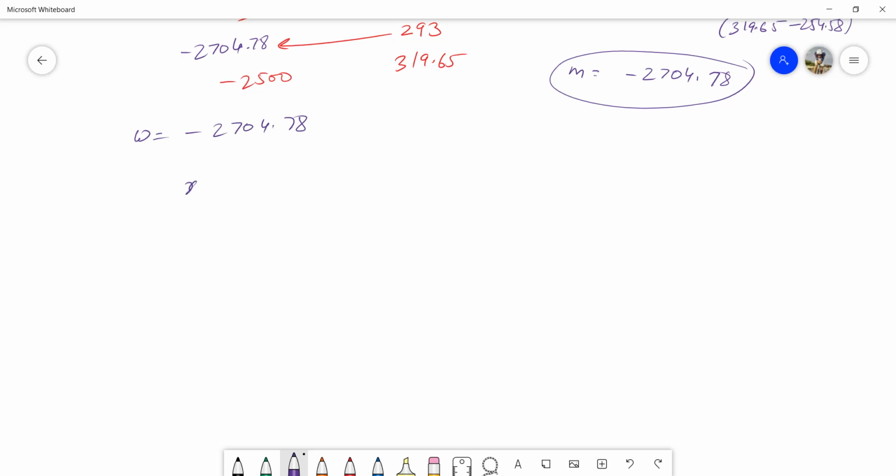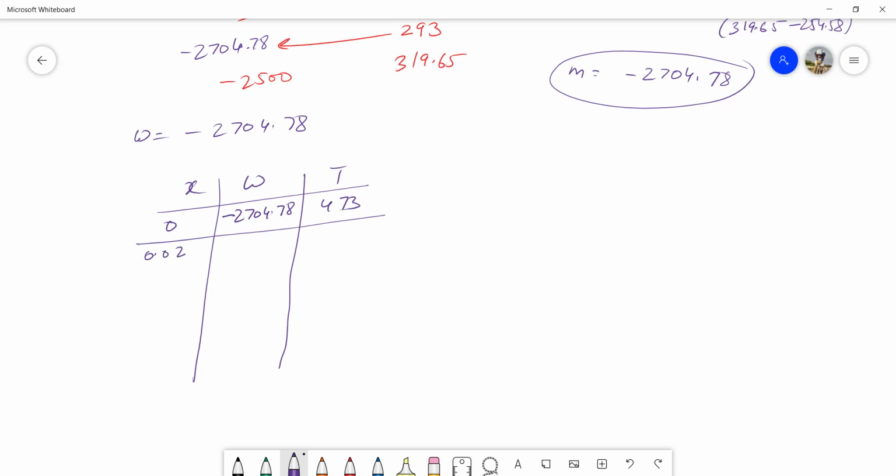So now we're going to repeat the same, third time, RK4 method using the assumed value of minus 2704.78. I've already calculated it, so you can note down the values. Clear? You can try at your places those values. So when x is 0, this is minus 2704.7, the assumed value, and the temperature was 473. When this is 0.02, this becomes minus 2188.3, and this is 424.3.